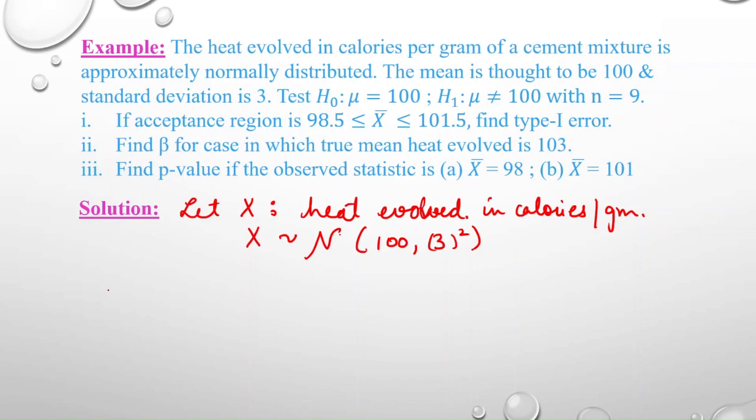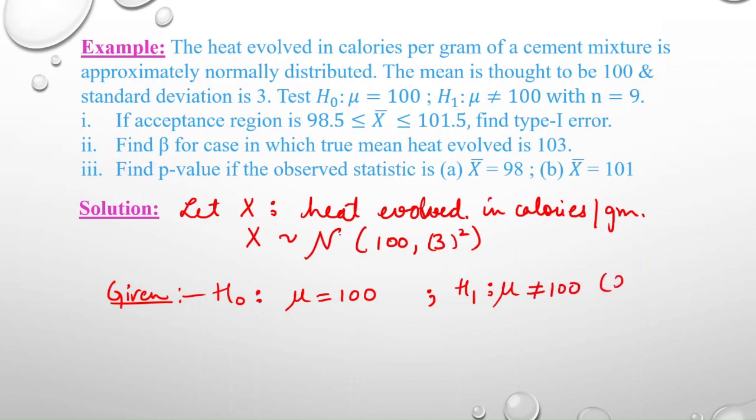So here we are given the hypothesis H naught: mu is equal to 100, and H1: mu is not equal to 100. So it's a two-tailed alternative hypothesis, as we could see here, and also we are given n is 9, mu is 100 and sigma is 3.